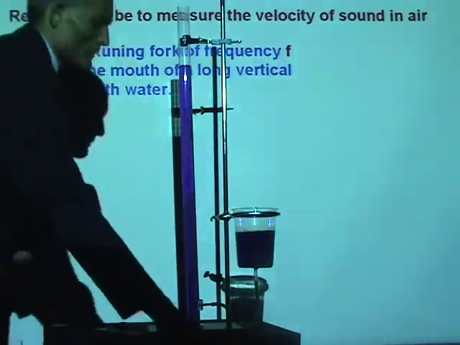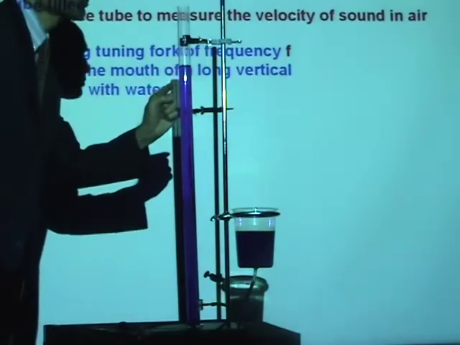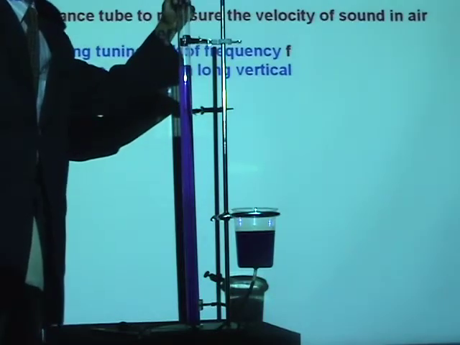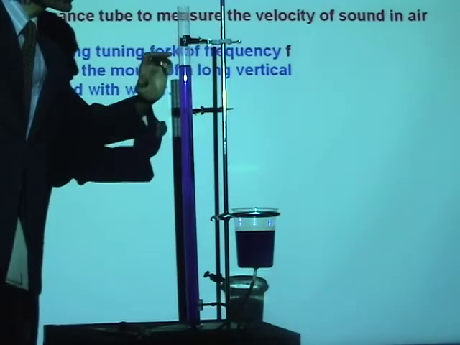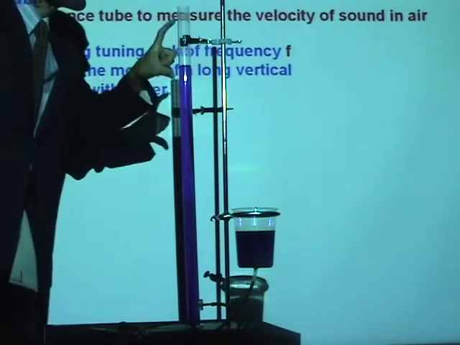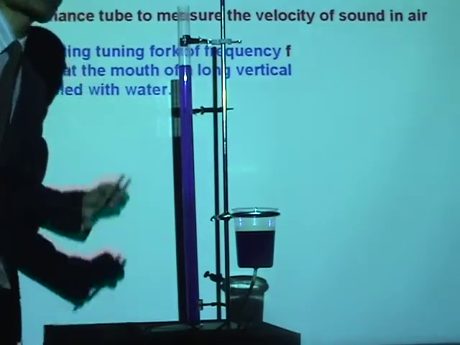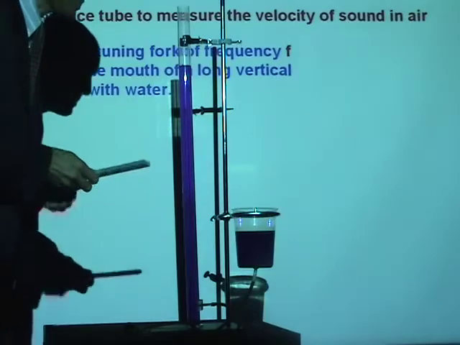So that I can adjust the clip and allow the level to fall, and I can keep a tuning fork vibrating at the mouth. At a particular length, the fundamental mode of the air inside will resonate with the tuning fork, giving us a loud sound.